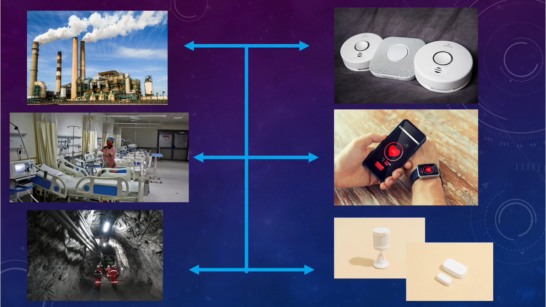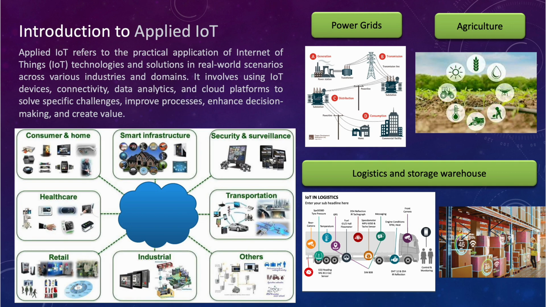Then after that we talked about applied IoT, and in the applied IoT sector, domestic use of IoT or small devices becomes a small topic, and we started talking about different types of industries and domains, which are nothing of small scale.